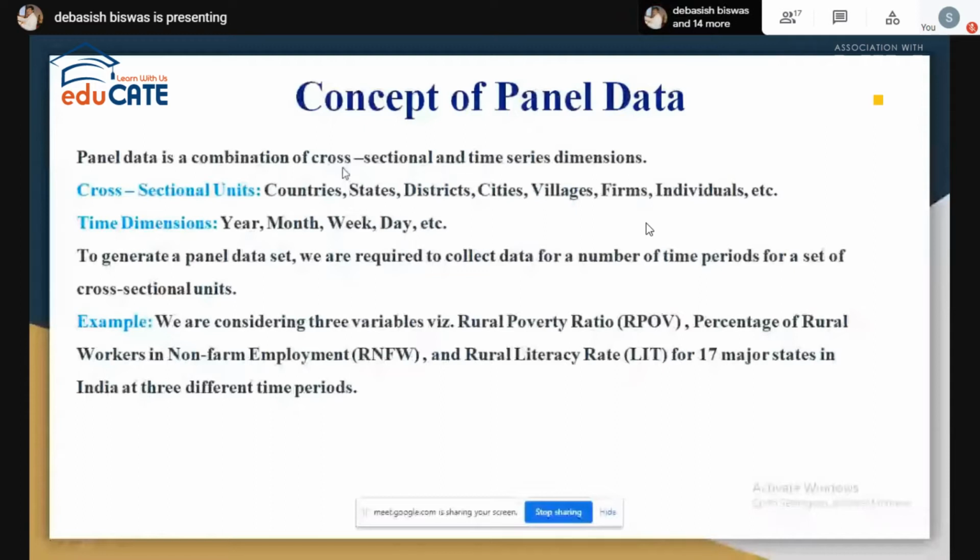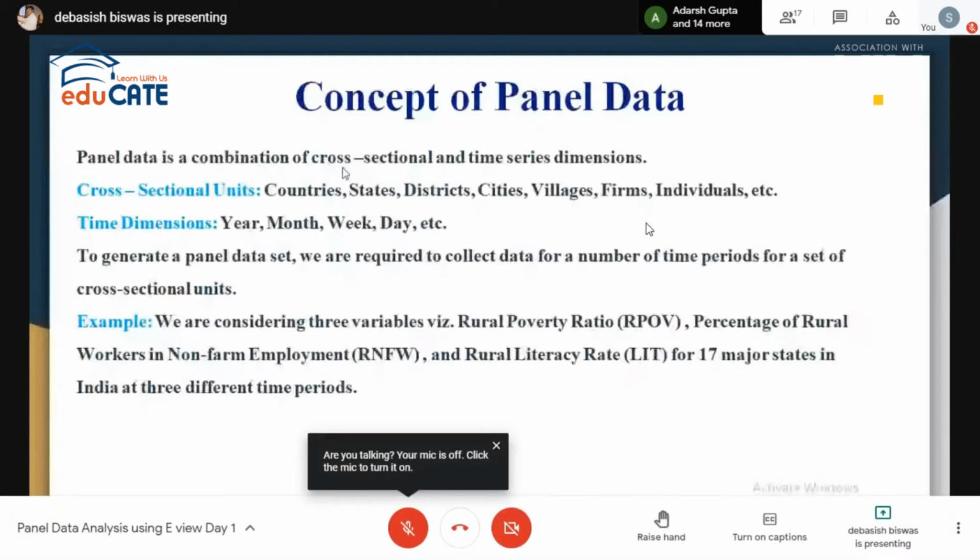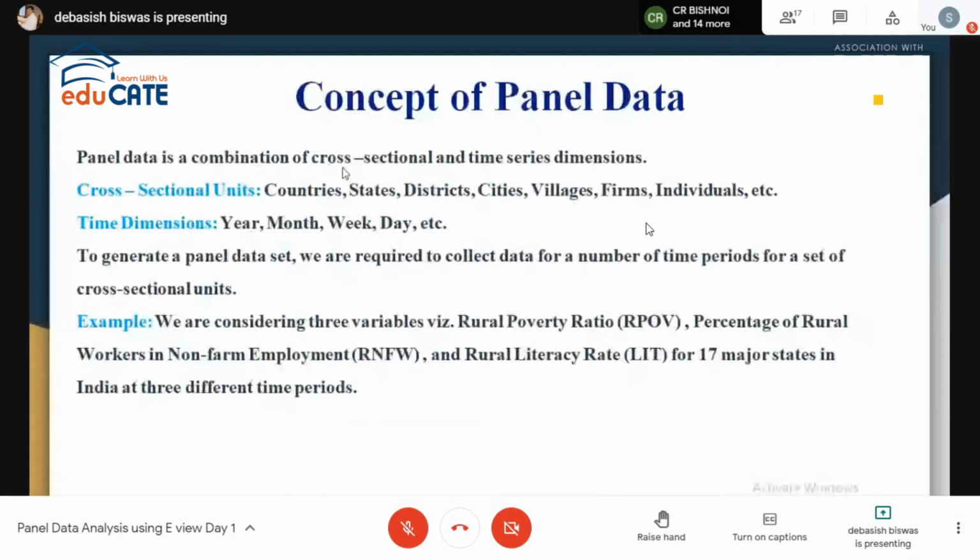Time dimensions are year, month, week, day, hour, etc. So to generate a panel data set, we are required to collect data for a set of cross-sectional units over a number of time periods.